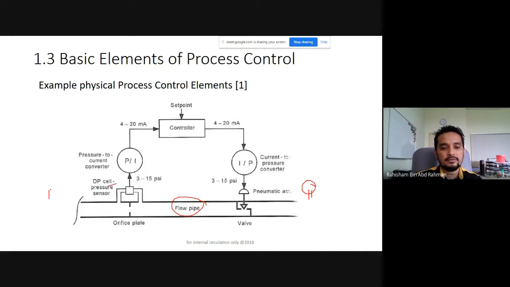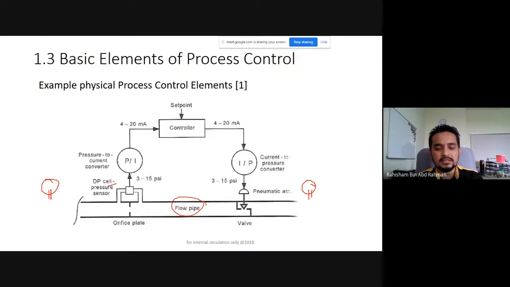The function of the gauge is actually to measure pressure and current. This is a pressure to current converter. This is how we communicate the signal from mechanical into electrical signal, or signal into mechanical. Pressure is mechanical, converted into current, and current is converted back into pressure.